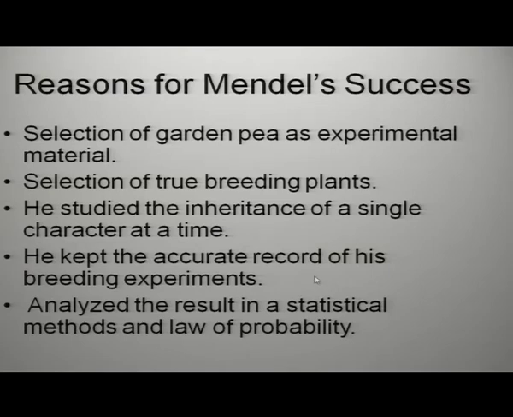Moreover, he kept accurate records of his hybridization experiments for further reference and study, and he used statistical methods and the law of probability to analyze his results. In this way, his hybridization experiment was a very successful one.